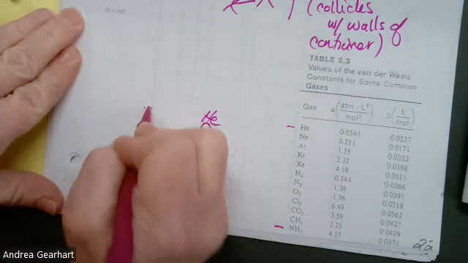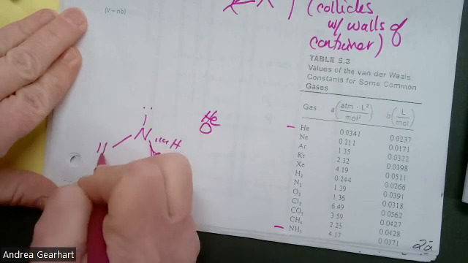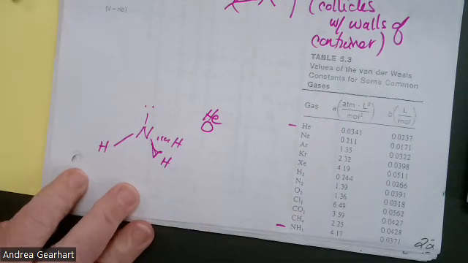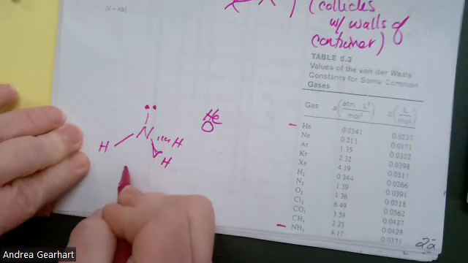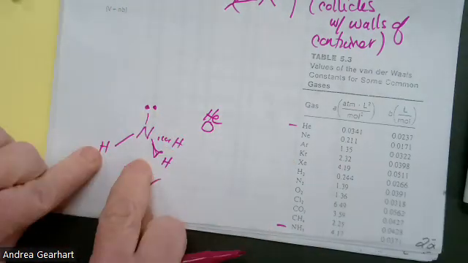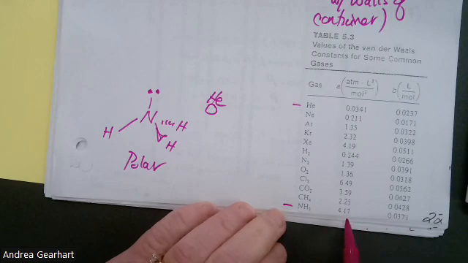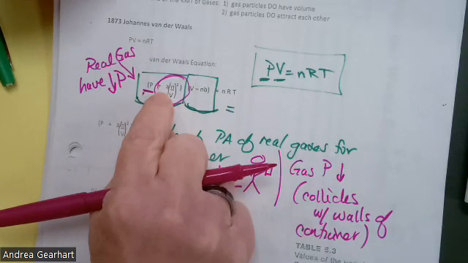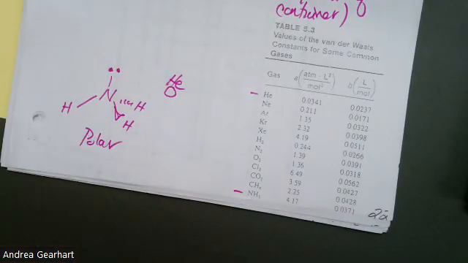Ammonia, we'll remind ourselves of this: that lone pair plus electronegative, this is a polar molecule. So these attract each other much more than helium to helium. So this accounts for that. We're going to have to add a greater value because ammonia has a greater ability to hold back the particles from colliding.